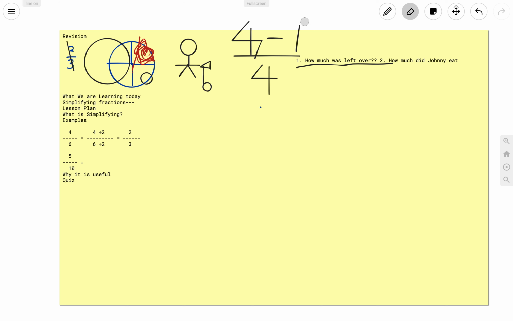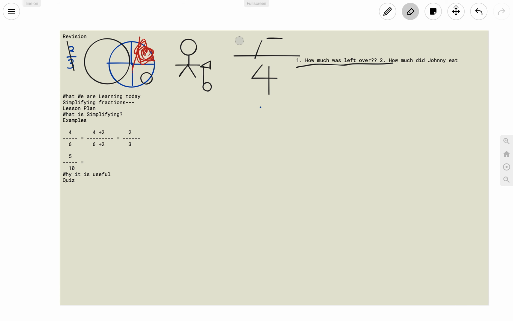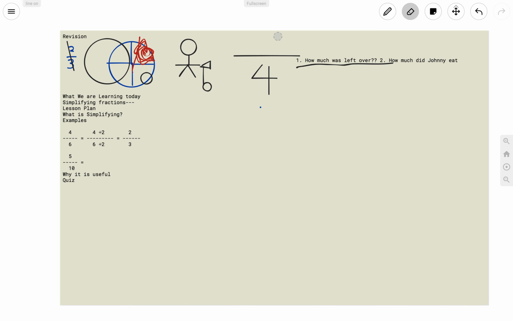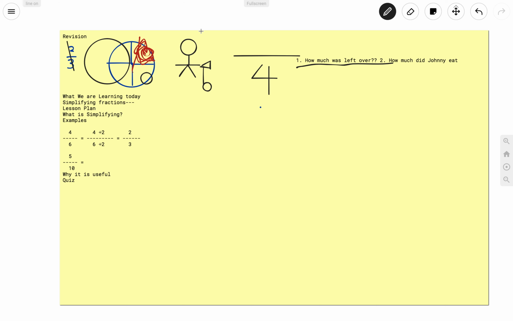So how much does that equal? 3. So that's how much was left over. As one was eaten, one part got taken away.